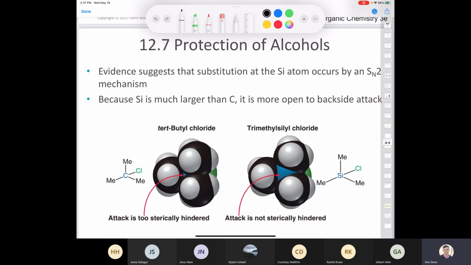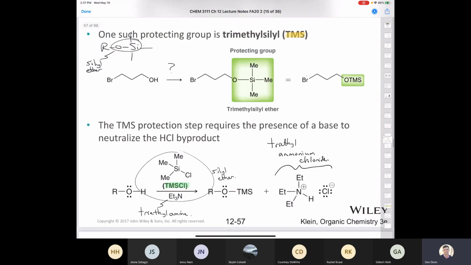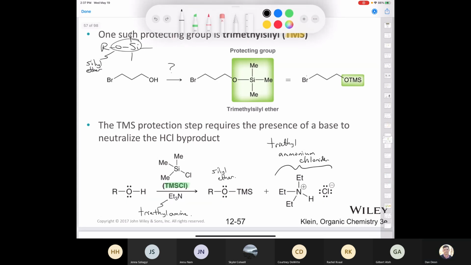If you look at the periodic table, it goes from carbon down group 4A. Next is silicon, which is in the third period, so it's a bigger atom. And since silicon is so much bigger, it opens up the molecule to backside attack. And so you can actually get an SN2 reaction occurring, whereas here, with a carbon, you cannot.